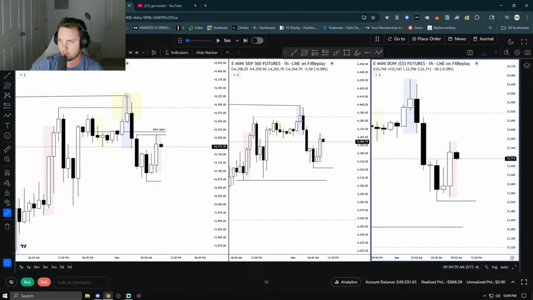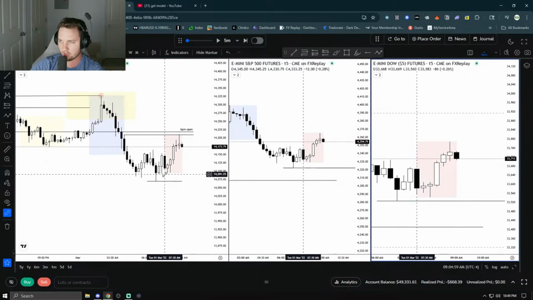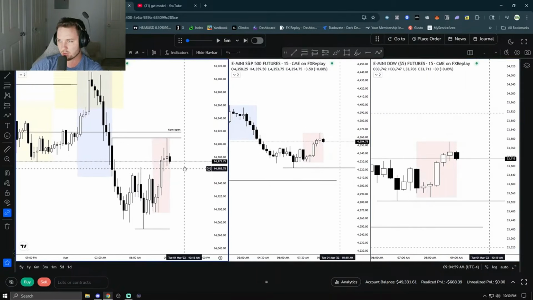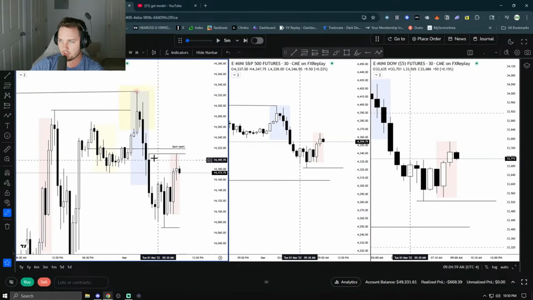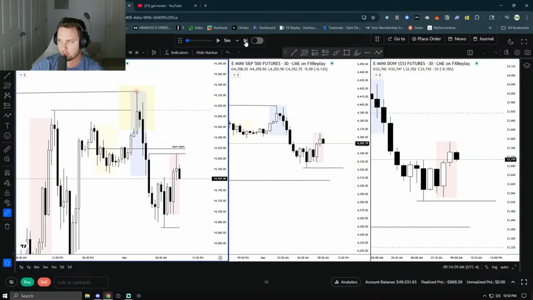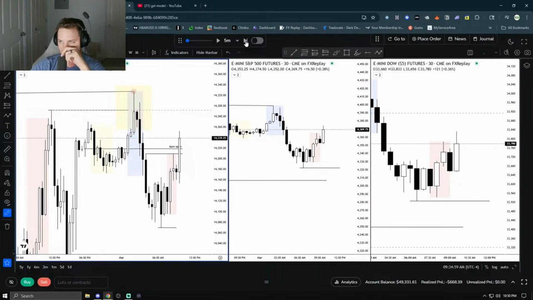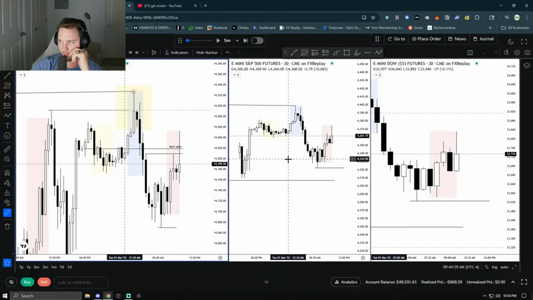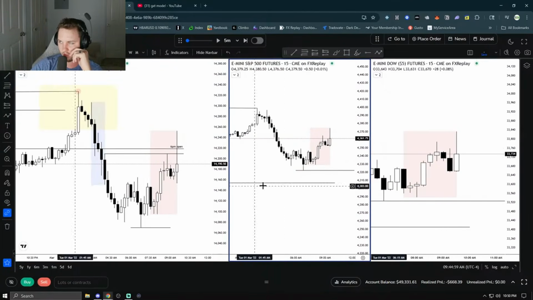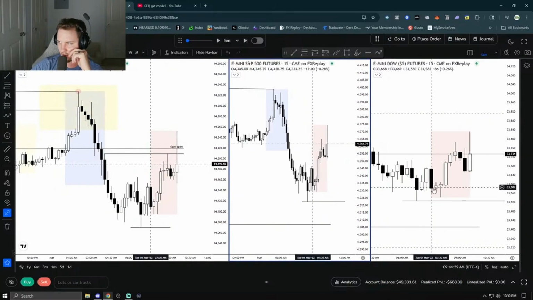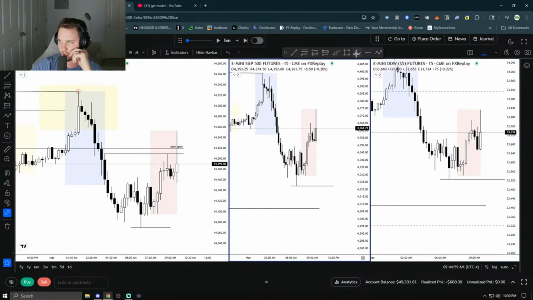So this looks like a pullback. If I go here, look at that pullback, right? So we can assume, I want to see maybe 9:30 open high, sweep, manipulate like that, and then we can trade away from this. So let's see if we can get that, because we have failure swings under us.